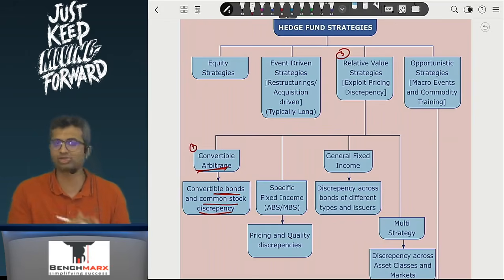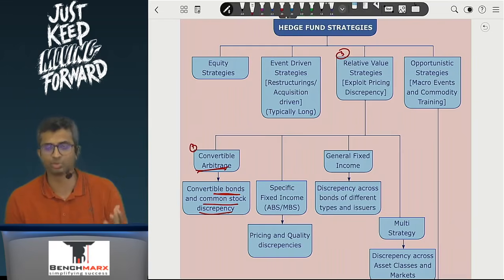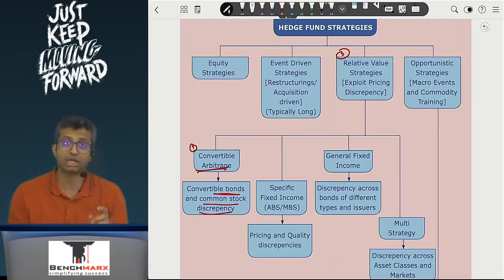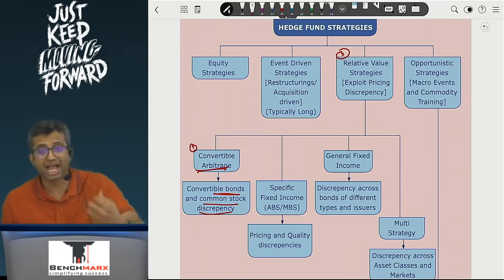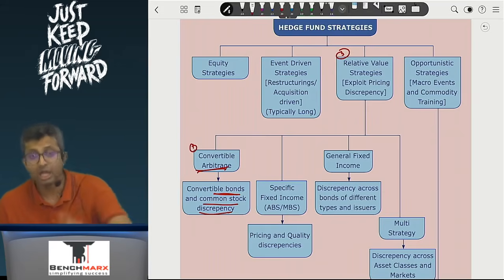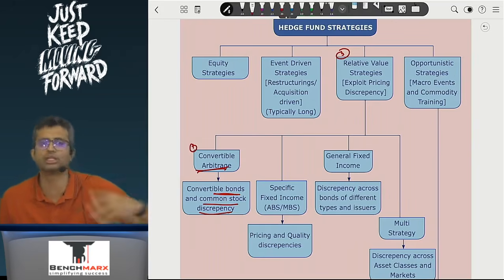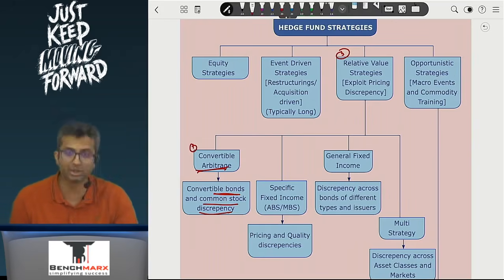So let's say the share is worth 10 rupees and the convertible debenture is worth 80 rupees, and this convertible debenture converts into 10 shares. By indirectly buying the convertible debenture for 80 and then converting into 10 shares, I can get 10 shares for 80 and then sell those 10 shares at 10 into 10, that is 100. So that is a convertible arbitrage.